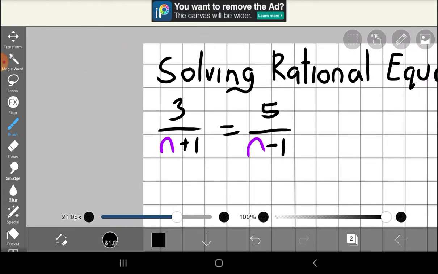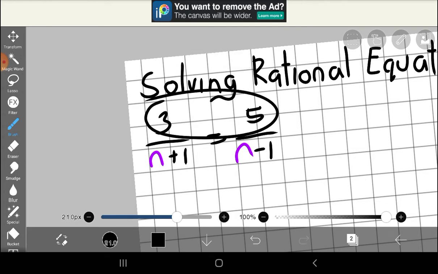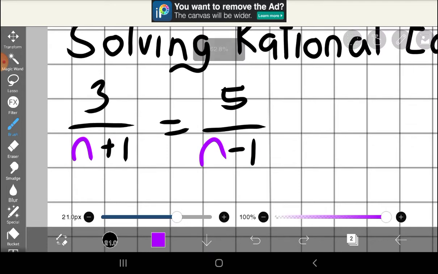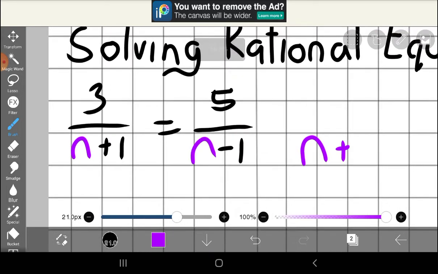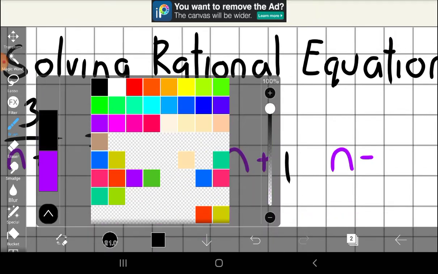How do we solve this? Like before, we will take the denominators and multiply them into the numerators. So we'll take both denominators, n plus 1 and n negative 1.